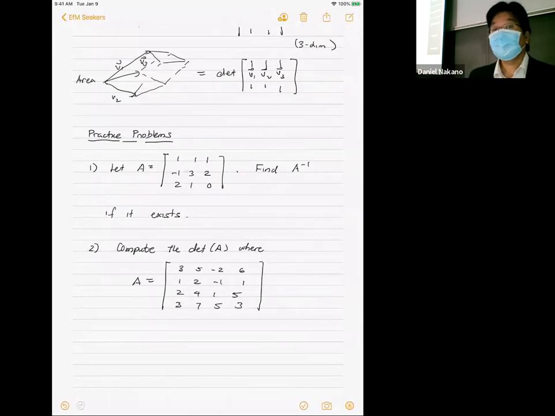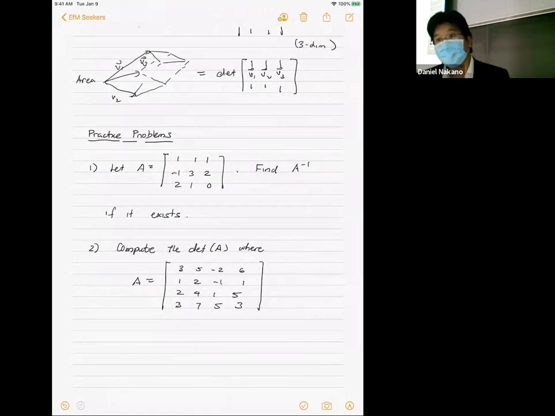Okay? So you can do this either using Gaussian elimination, or you can use the expansion method. Expand along a certain row or column, and then you can reduce it to 3 by 3 matrices, which you kind of know how to compute using a formula. So you can do it that way too.